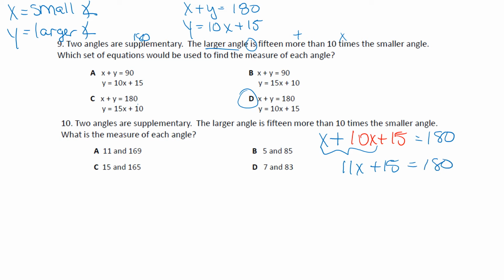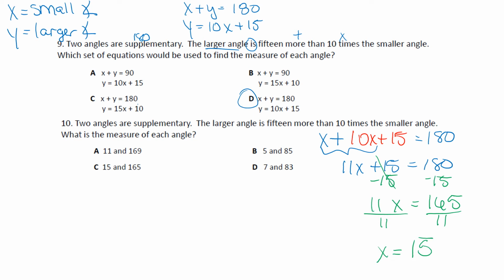Now that you're at this point, you are going to need to subtract 15 from both sides. So minus 15, minus 15. That's going to leave me with 11x equals 165. And then we need to divide both sides by 11. And x will be 15.